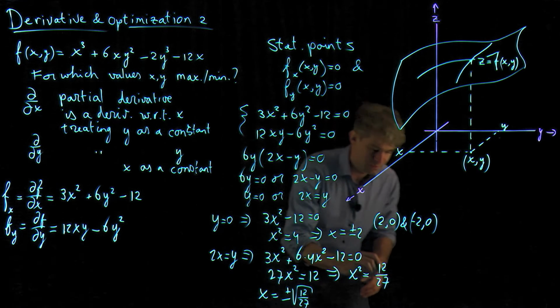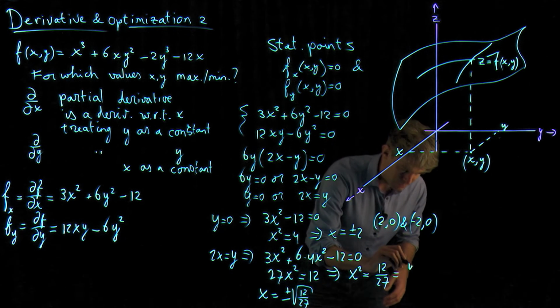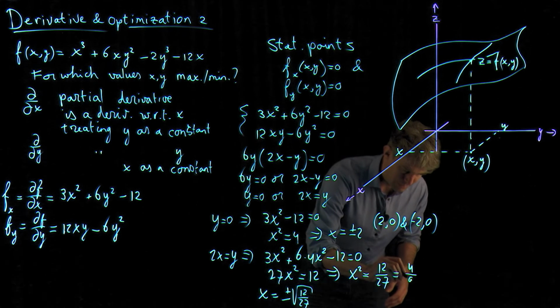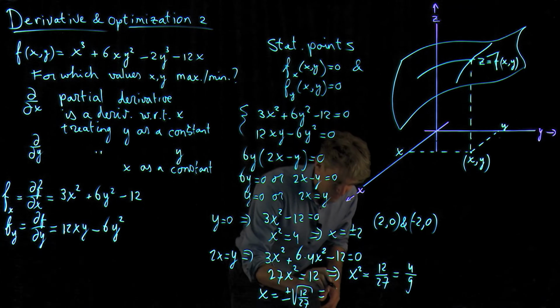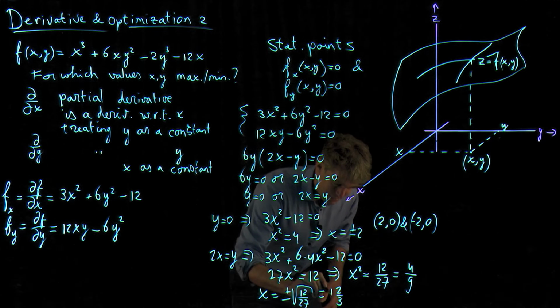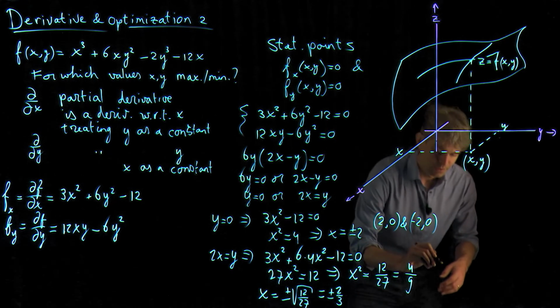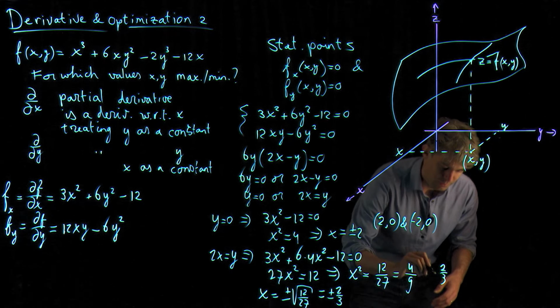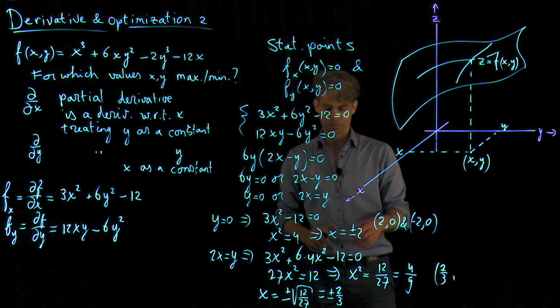Now, actually, this could be simplified a little bit, right? We could divide both by 3. So we get 4 divided by 9, which is a nice square root. It's 2/3, so it's plus or minus 2/3. And that gives us another 2 points. So 2 over 3, comma, what was y?